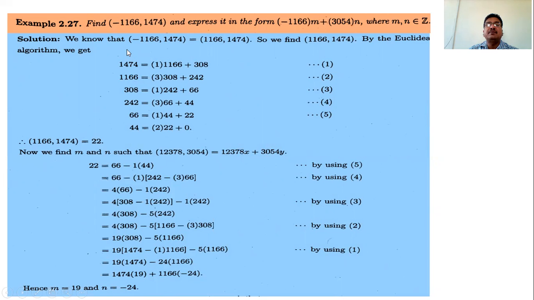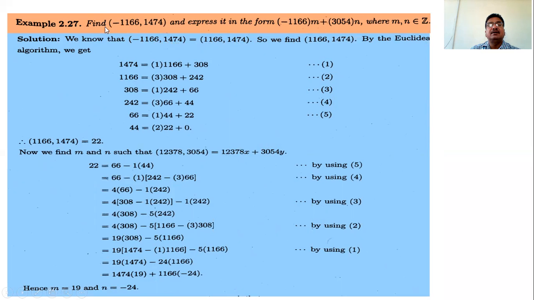Obtain the greatest common divisor of these two numbers, minus 1166 and 1474, and express it in this form. So we know that the greatest common divisor of minus 1166 and 1474, and of 1166 and 1474, are the same.